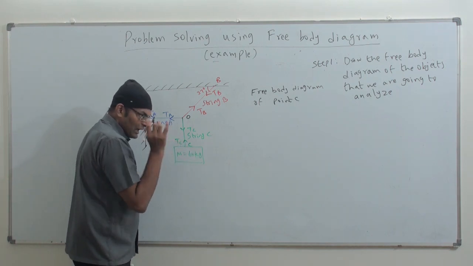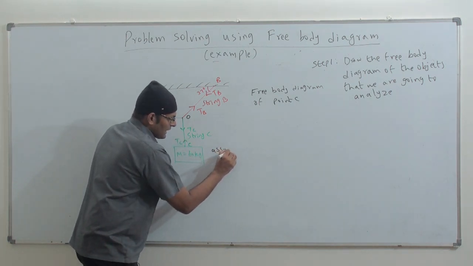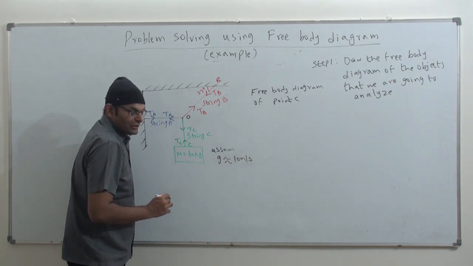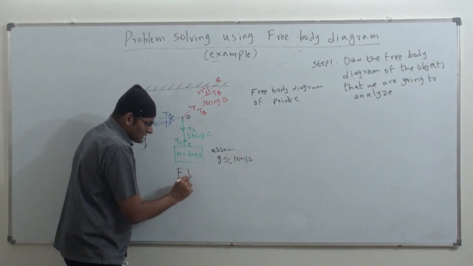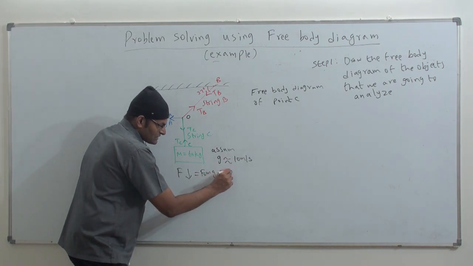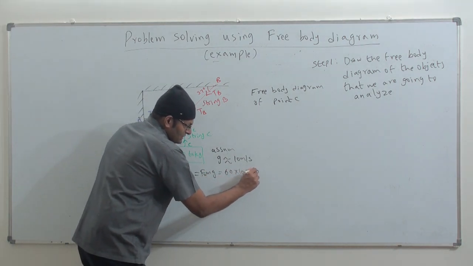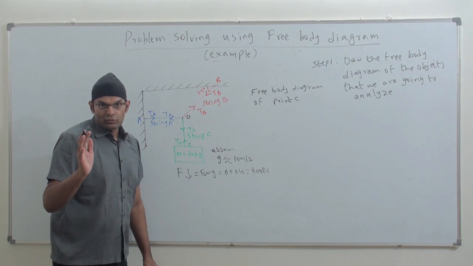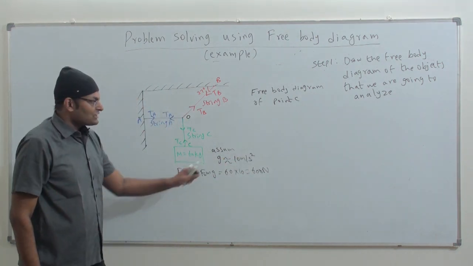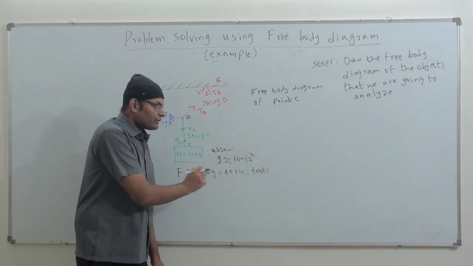Let us assume g is approximately equal to 10 meters per second squared. So what will be the force acting in this direction? That is F equal to mg, that is equal to 60 into 10, that is equal to 600 newtons. Generally g is equal to 9.8 meters per second squared, but I am taking g equal to 10 meters per second squared for convenience of calculation.